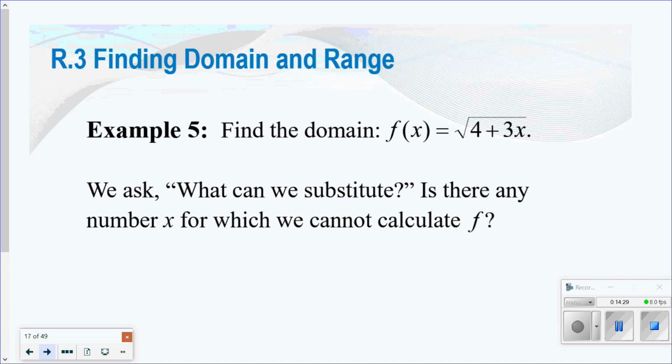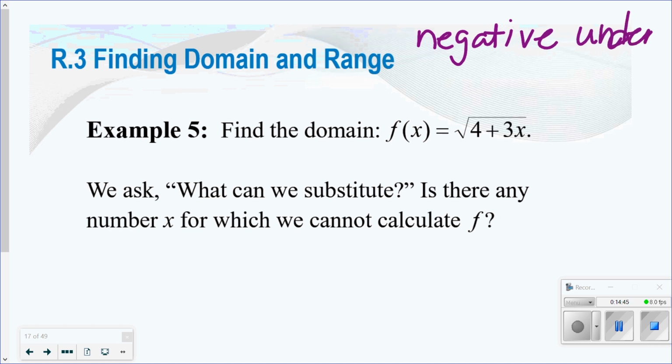This is the second time that you will have a domain problem. We cannot have a negative under a radical. And I should say negative under an even radical. You can have a negative under a cube root.